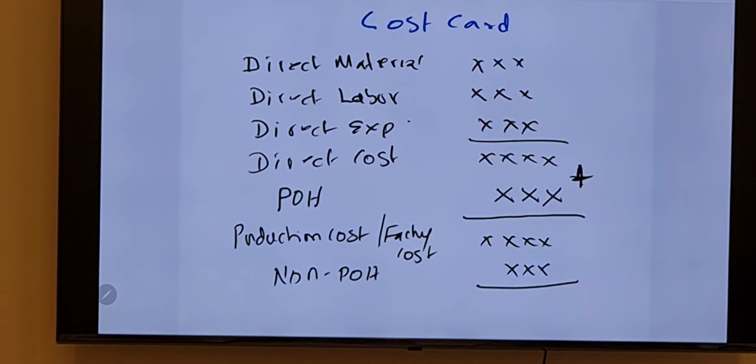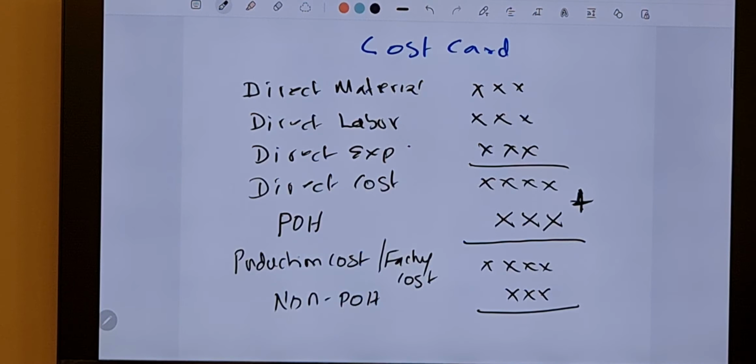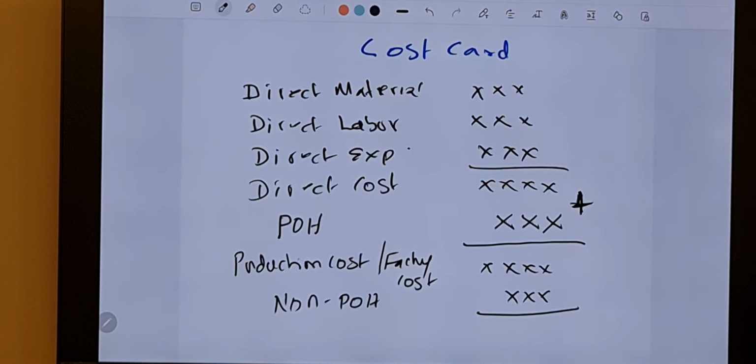So I will add non-production overhead here. If you add non-production overheads to the factory cost, you will end up getting your full cost or total cost. Therefore, this is the total cost of a product per unit.